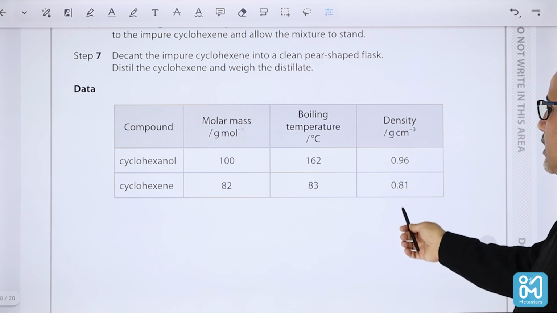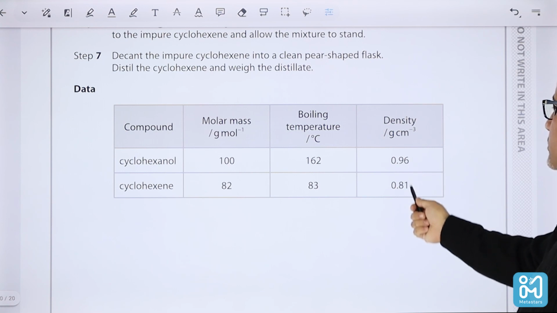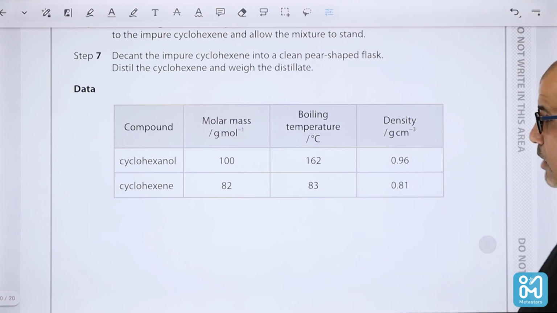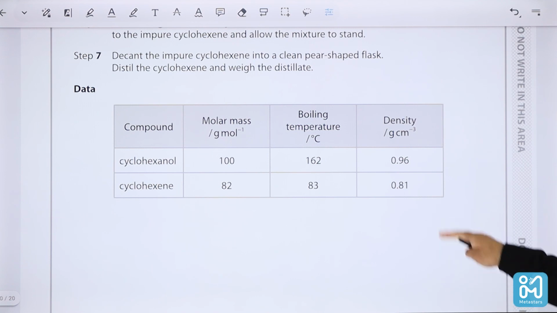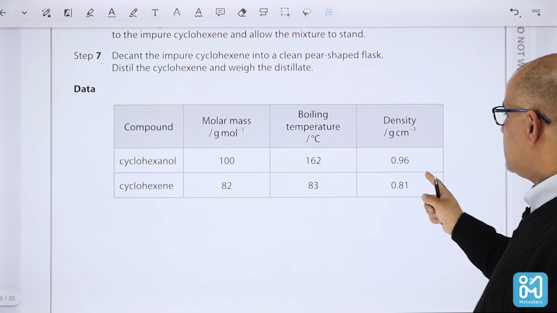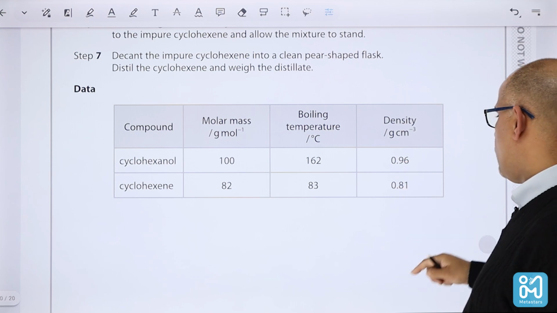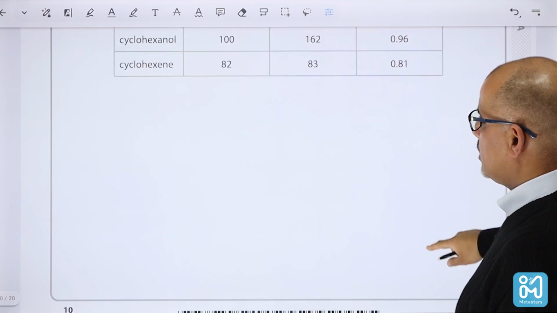You shall see that the density of the product, or the organic layer, will be lower than the density of the water, or the aqueous layer.